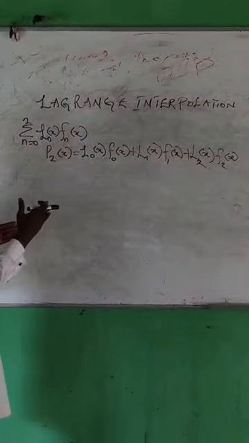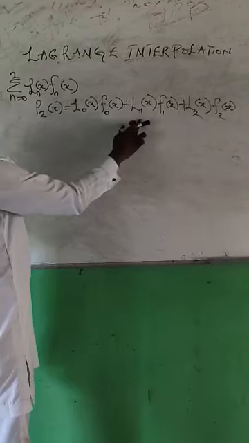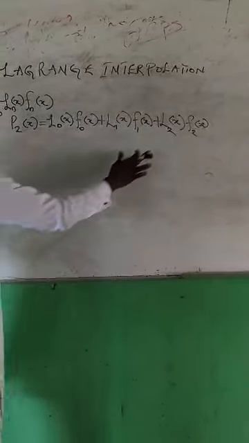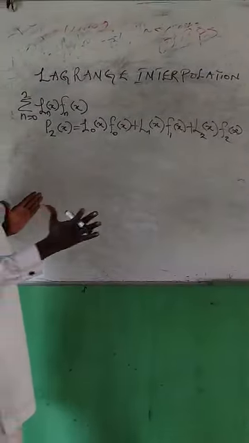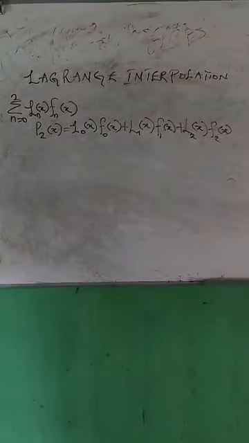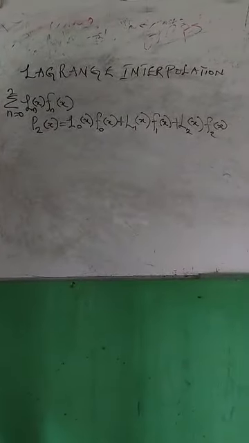We are going to generate L subscript naught, L subscript 1, L subscript 2, which are the consecutive values for a Lagrange expression that will be inserted back into this expression to form the quadratic interpolating polynomial, that is degree 2.